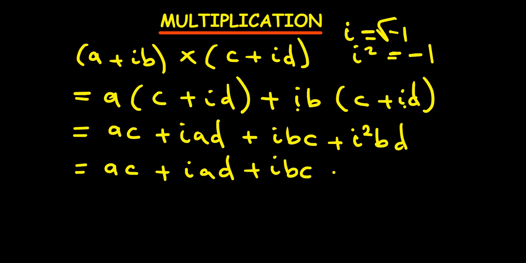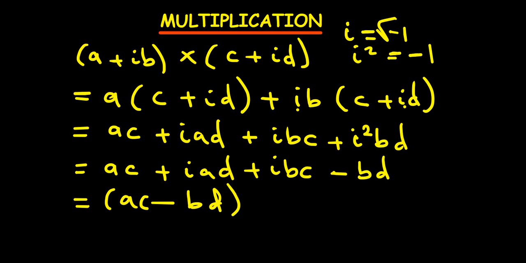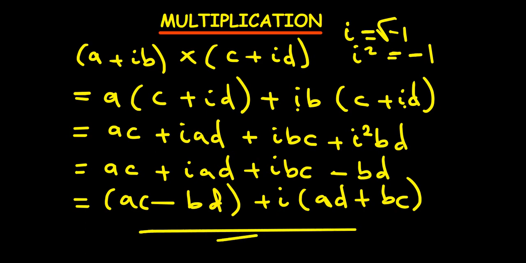Then I can replace negative 1 there, so this will be minus bd. Then I can group the real part to the real part and the imaginary part to the imaginary part. So I'll have ac minus bd, then I'll have plus, factoring out the i, ad plus bc. So this is how we multiply complex numbers.